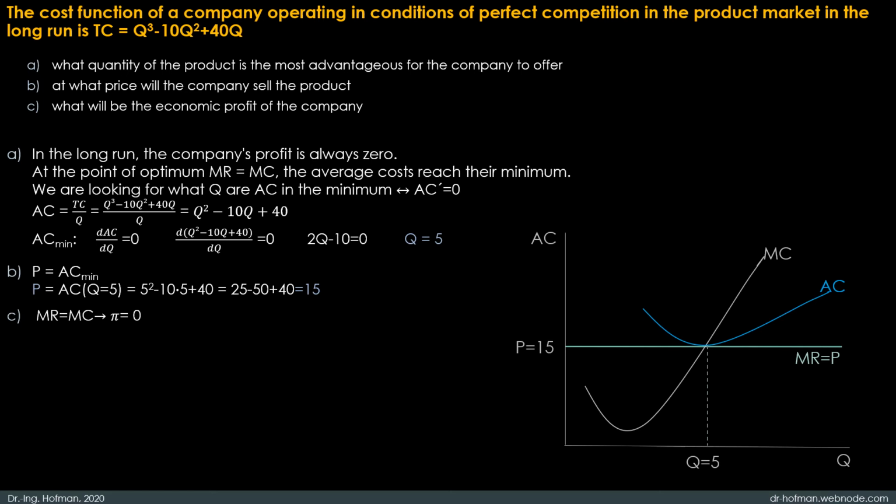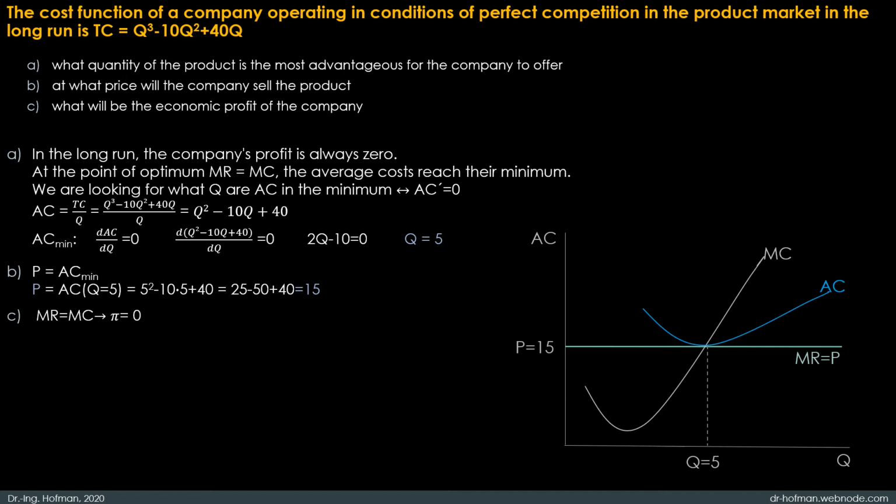We know the total cost was given; the fraction when we divide this through Q gives us Q squared minus 10Q plus 40. This is average cost.